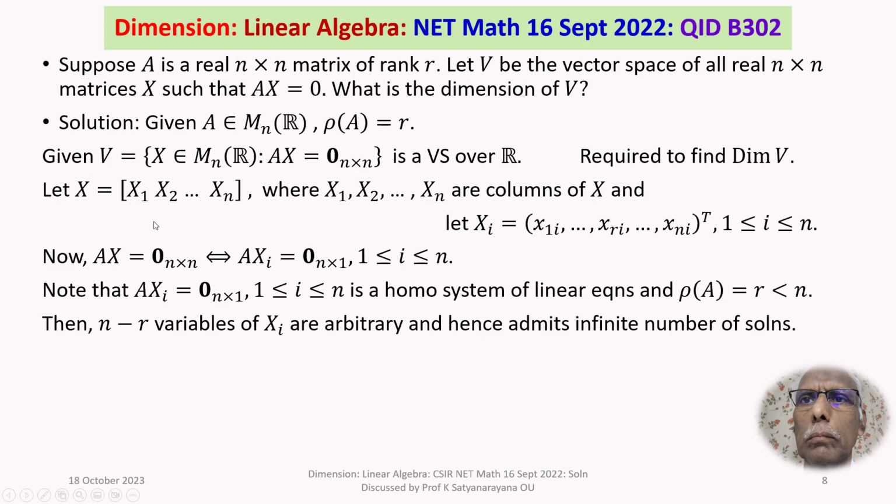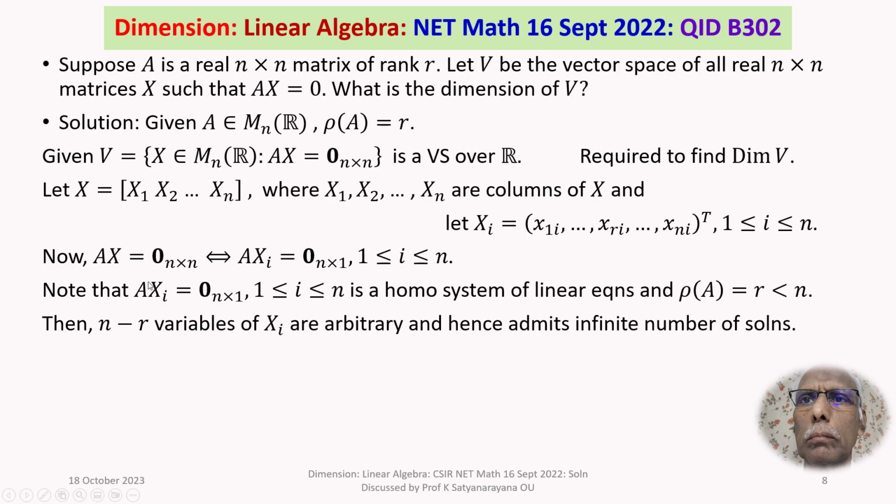AX is equal to 0, in which capital X is that n by n matrix, will have n into n minus r variables arbitrary, because n columns are there, and in each column n minus r variables are arbitrary.